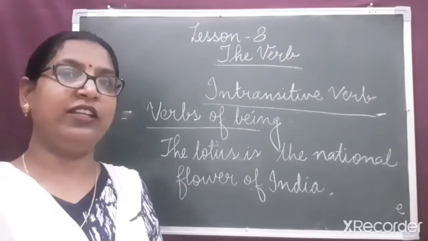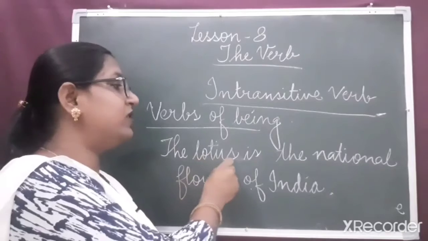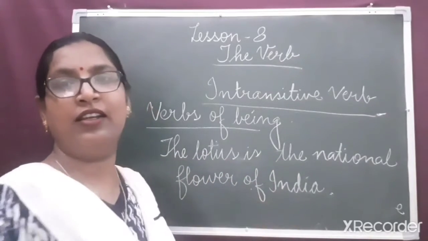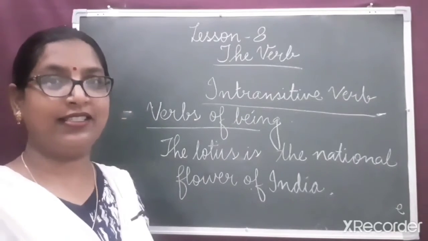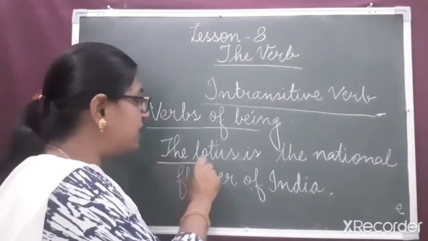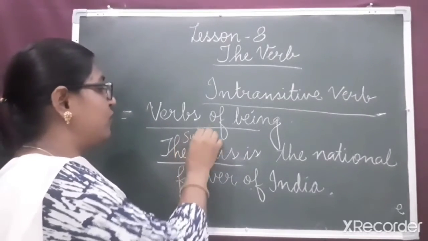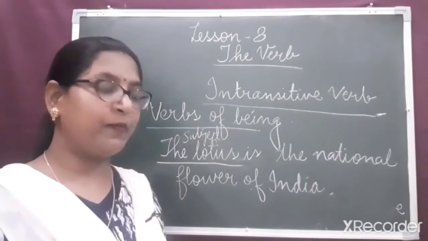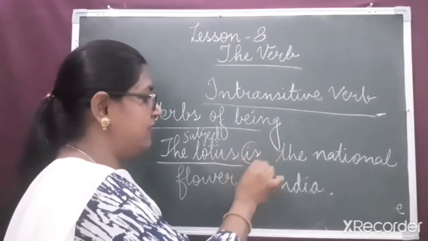Now, dear children, can you see the example on the board? The lotus is the national flower of India. Can you recognize the subject in this sentence? Yes. The lotus is the subject in this sentence. What is the verb here? Is.